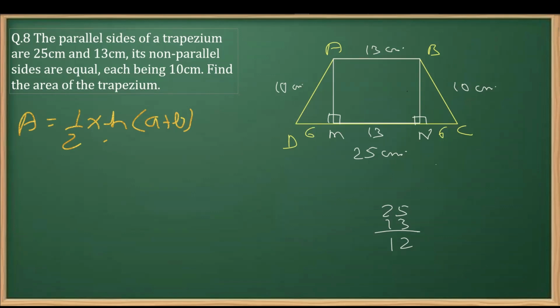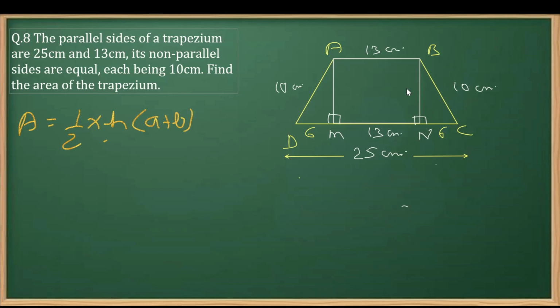One more time, what I mean to say is that this whole length was given as 25 and the length of MN, we figured out, is 13 centimeter, and therefore we can say that DM and NC will be equal. That's because of the property.